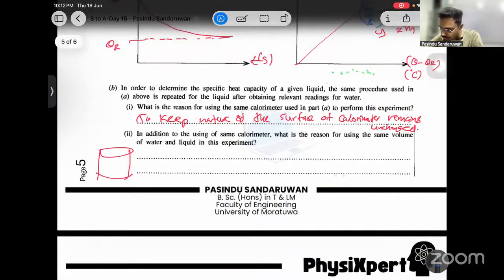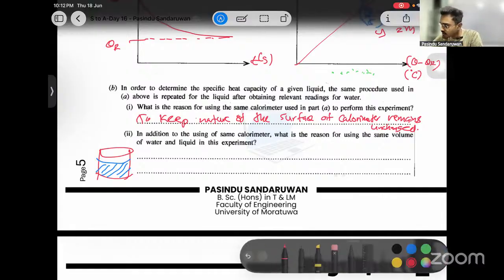Now, when this is filled up to the same height, area open to atmosphere is going to be equal, right? Then purposefully we have to fill it up to the same level to keep A constant.